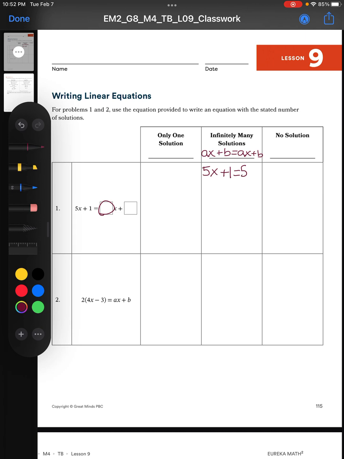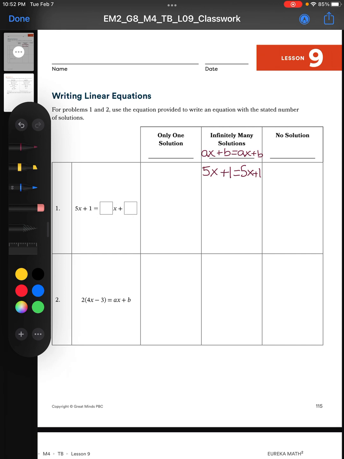Of course, it's 5x, and then plus, and what goes in this box so it's exactly the same? Well, it has to be 1. That's the only answer. We can't have anything else. So we're done with that. I should have probably scooched it down a little bit, but you get the point.